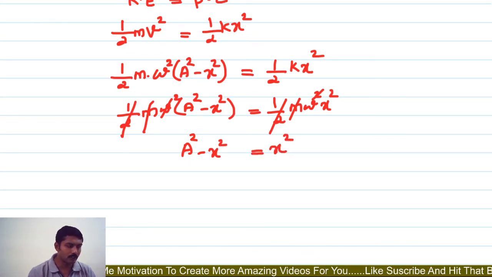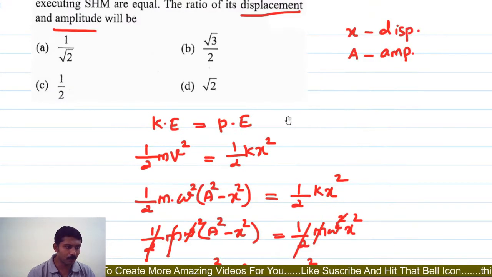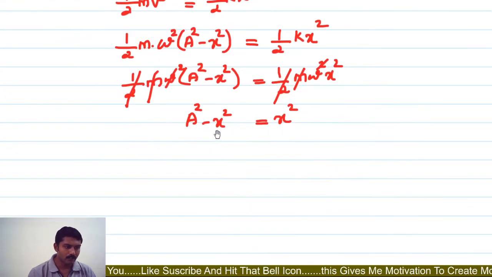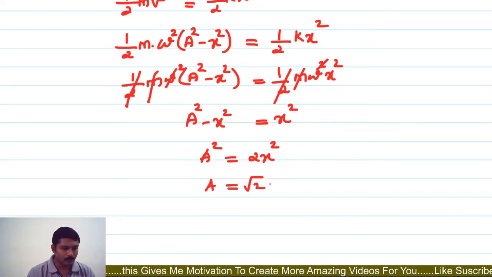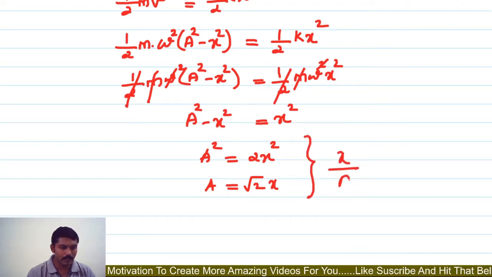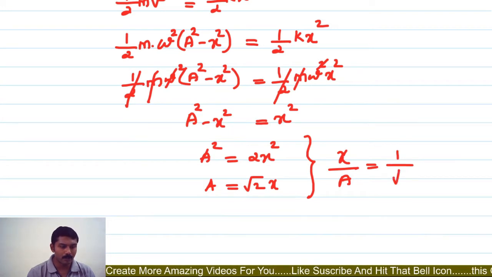According to the question, you have to find the ratio of the displacement and amplitude. Taking x to the same side, a square is equal to 2x square. Taking the square root on both sides, you get a equals root 2 times x, so the ratio of x to a is 1 by root 2.